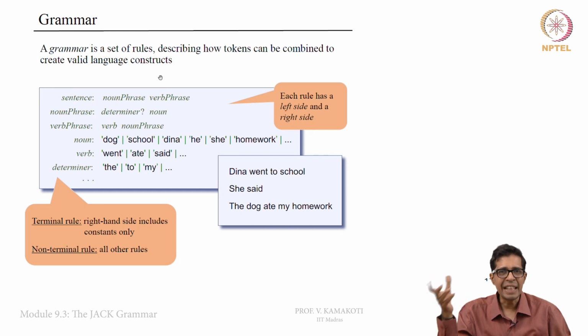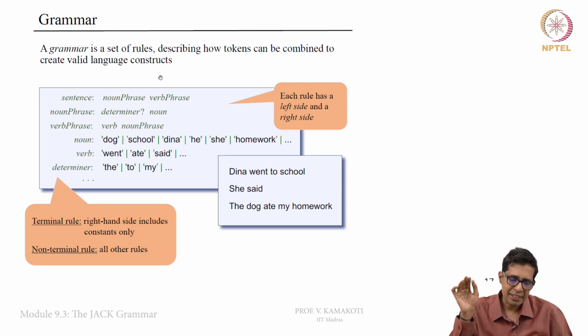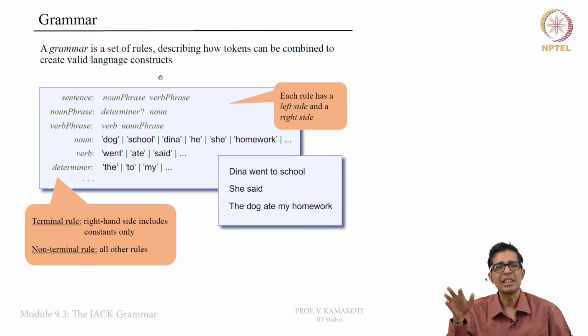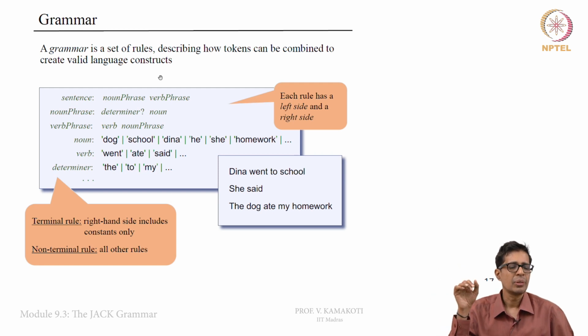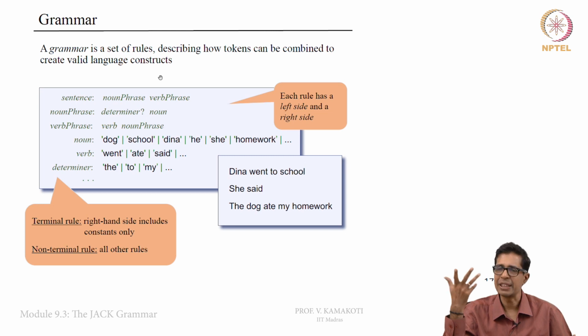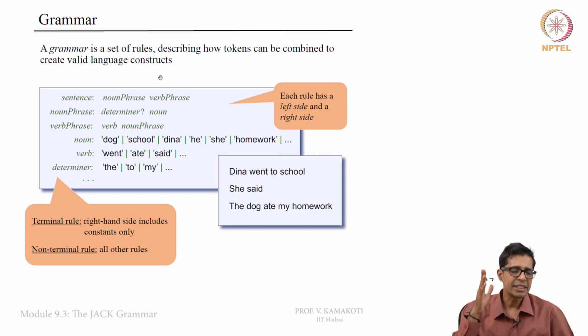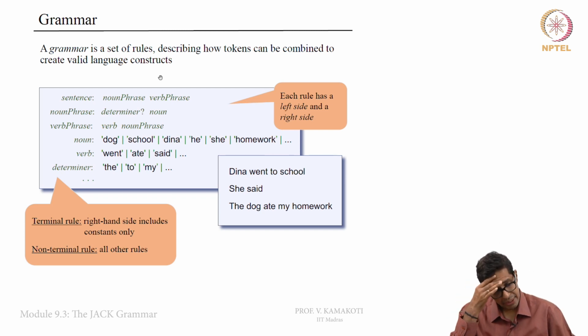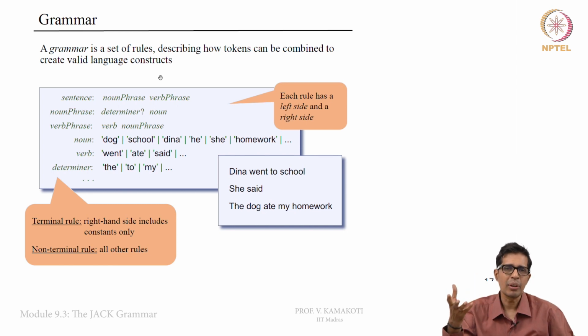A verb ends with went, ate, said, etc. So, went, ate, said, or dog, school, do not produce anything more. These are all called terminals, and the other things are called non-terminals. We are seeing the top six rules: one each for sentence, noun phrase, verb phrase, noun, verb and determiner. These six rules can be classified as either terminal rules or non-terminal rules.